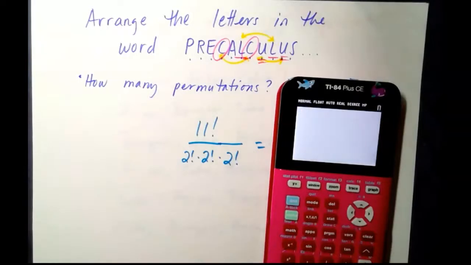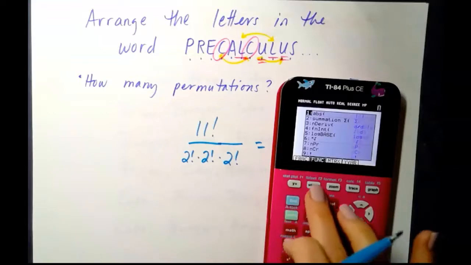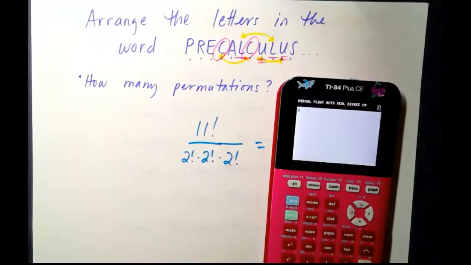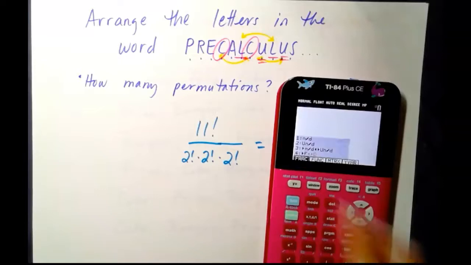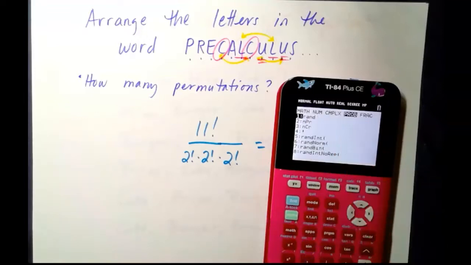So when we work this out, and just to be very thorough, let's look at this on the calculator. So you can find factorial on the alpha F2 menu, or you can also find it on the math menu. So 11, actually I'm going to go to the fraction first since this is a fraction. 11, and the factorial is a little harder to get to if you use math. It's on the probability screen. It's choice 4. That's why I find the alpha a little bit more conducive.